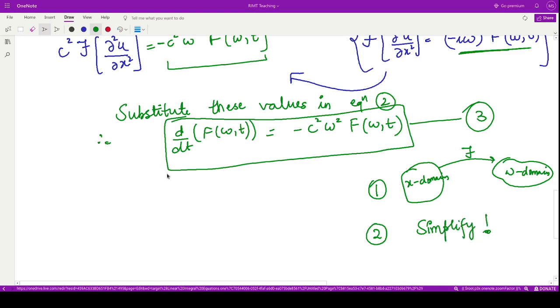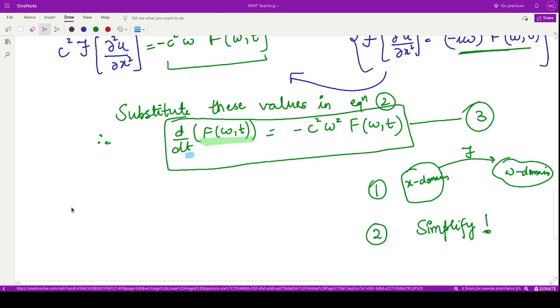If you look at this equation 3, this is a first order differential equation where the dependent variable is this capital F of omega t and the independent variable is this t, right? So we already know how we can solve the simplest form of first order differential equation. This could be solved using the variable separable form, right? So using that, I could just separate the variables over here.